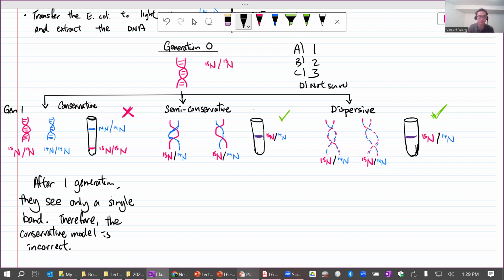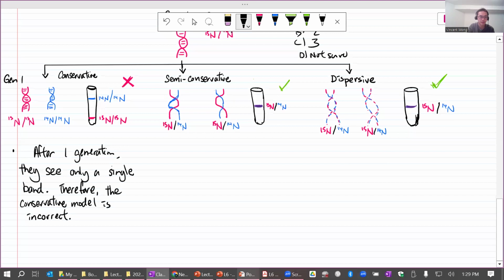So what do they do? They grow E. coli in N14 for another generation.